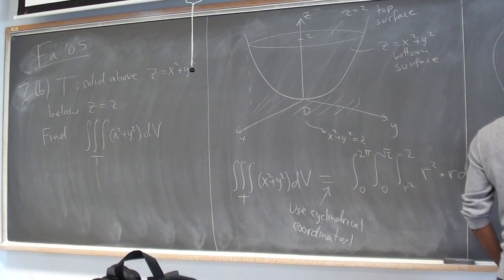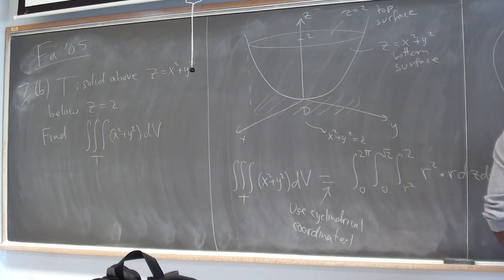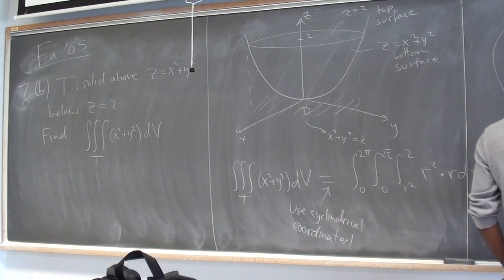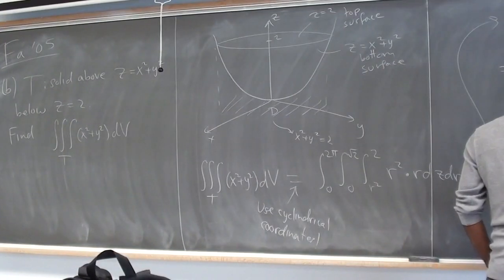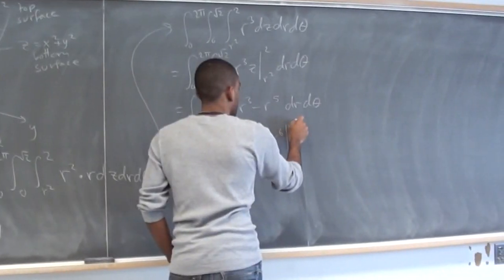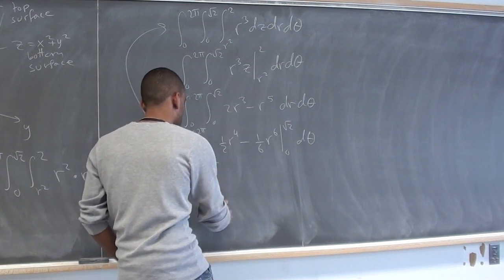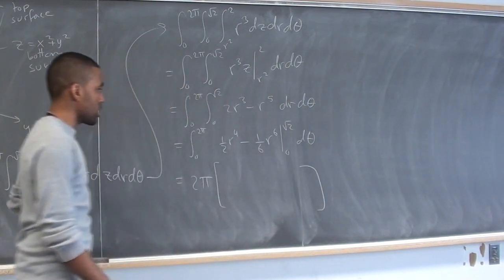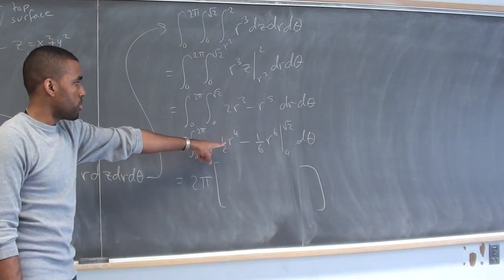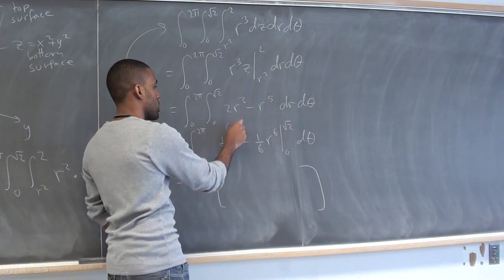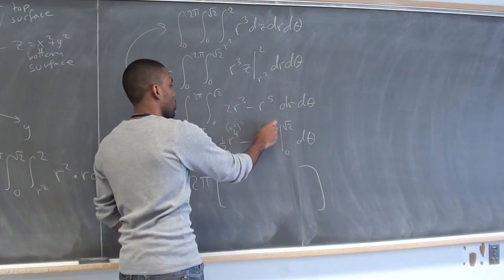This is 2r cubed minus r to the 5th. This is 1/2 r to the 4th minus 1/6 r to the 6th. The d theta is going to contribute a 2 pi. If you plug in radical 2 into this, the trick is you can think of this as r squared squared, and this you can think of as r squared cubed.